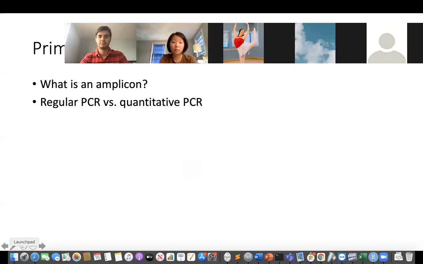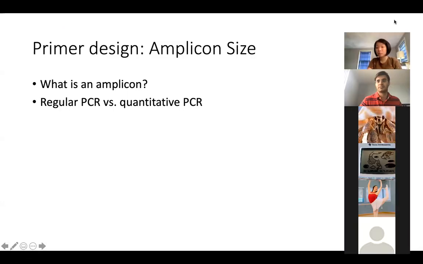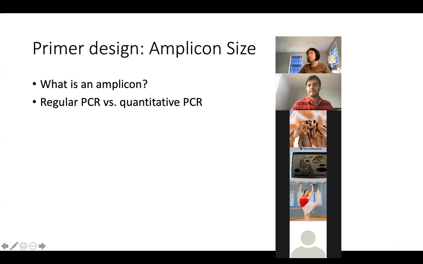It's either the region of DNA that's the source or the final product of the amplification process. Thank you. Yeah, the amplicon is the region that is being amplified. So the amplicon size, I'm trying to tell you about the length of the region that I want to amplify.